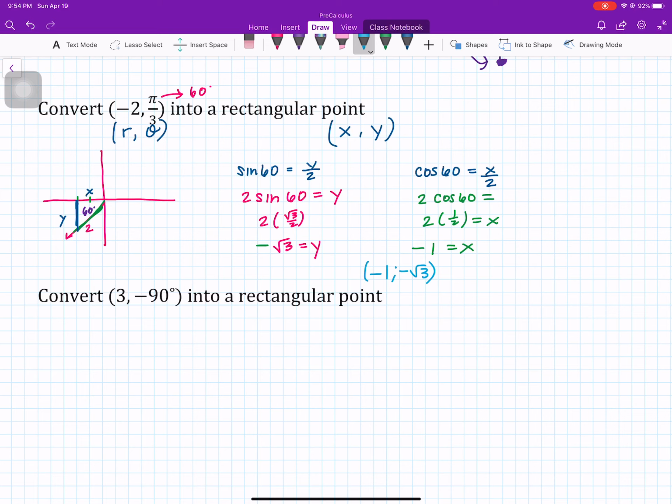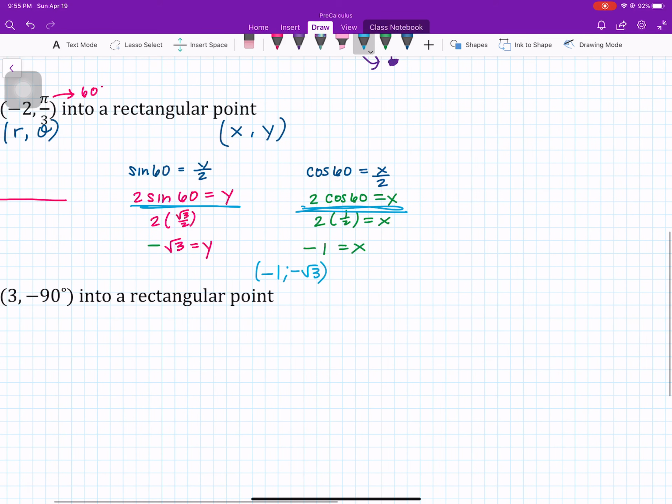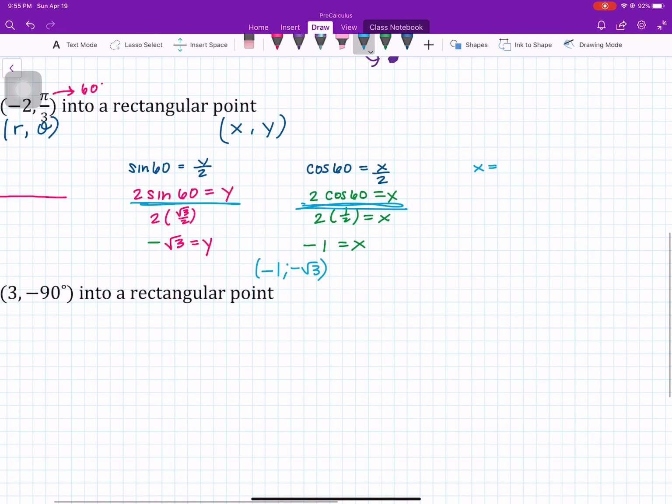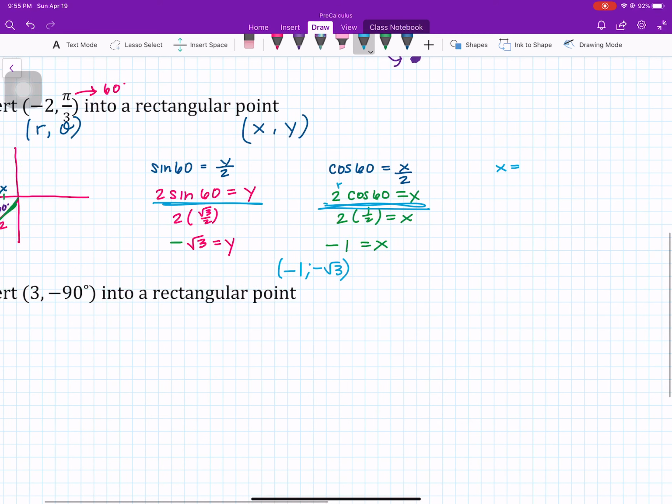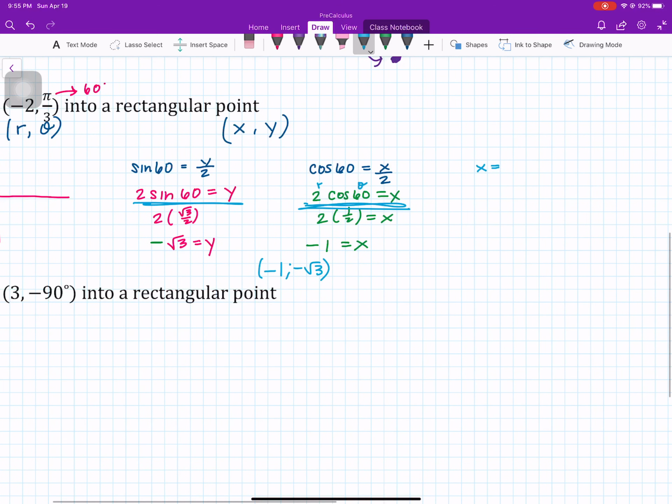And actually we have kind of developed a formula or a pattern. Notice that we have this and we have this. And you can always draw a picture. But when we get into converting whole equations, it's kind of nice to have formulas. So you can find your x value by taking your radius, which in our case was 2, and multiplying it by the cosine of your angle.